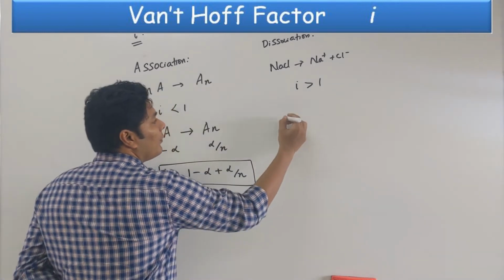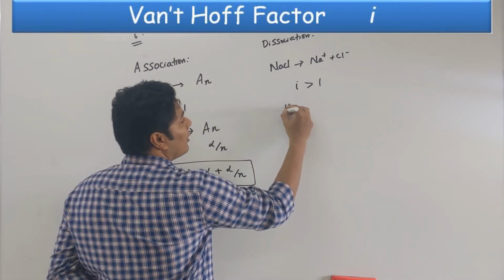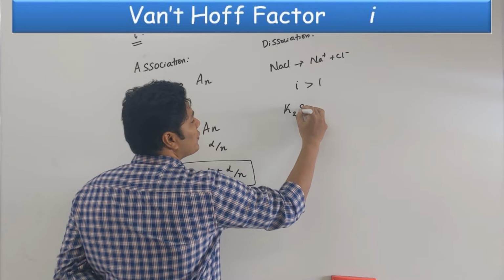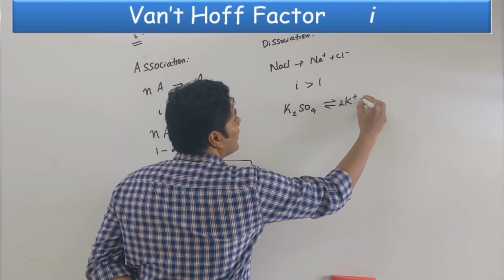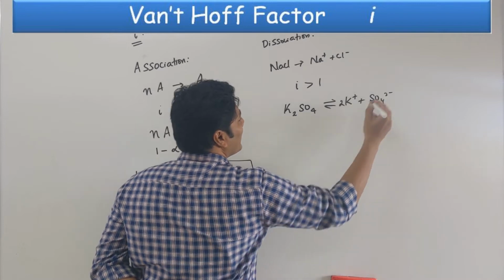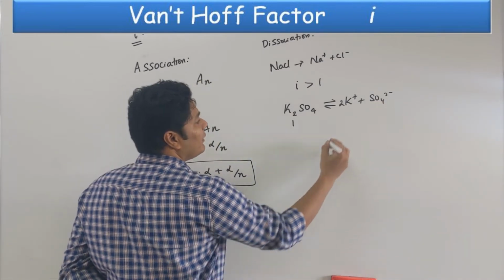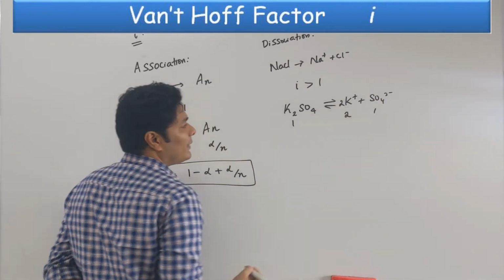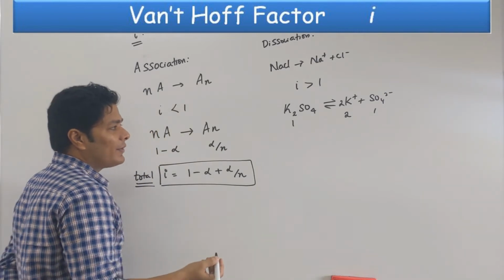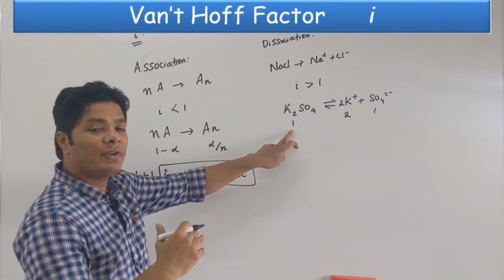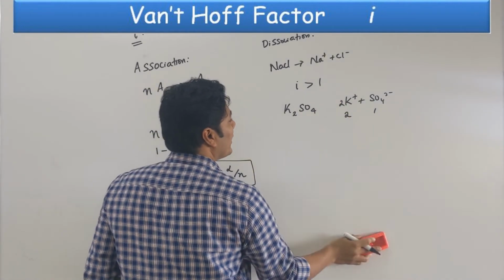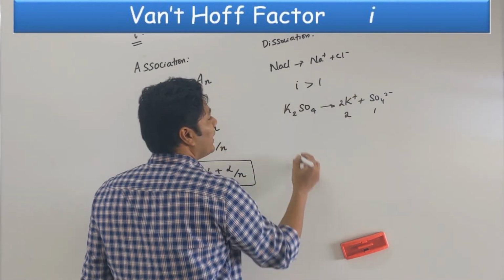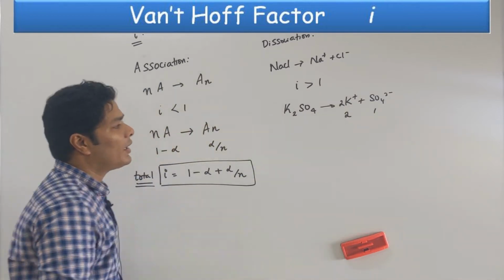Dissociation. For example, let's say K2SO4 goes to 2K+ plus SO4 2-. So one molecule will give me two of this and one of that. So what is left is, none of this will be left if it is 100%. I get two of that and one of that.